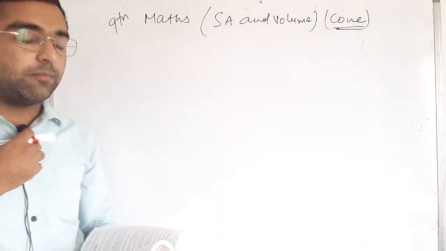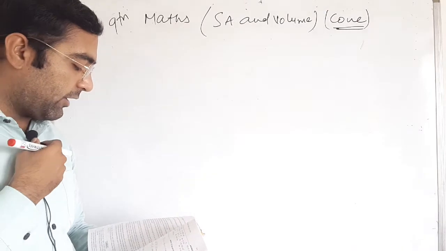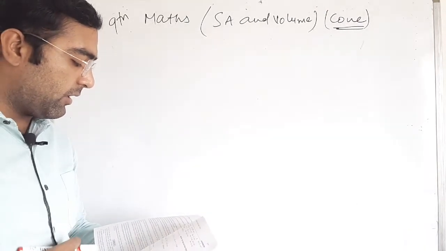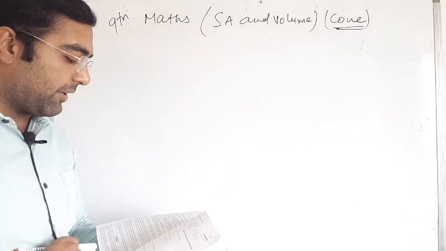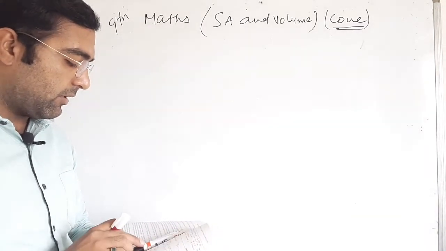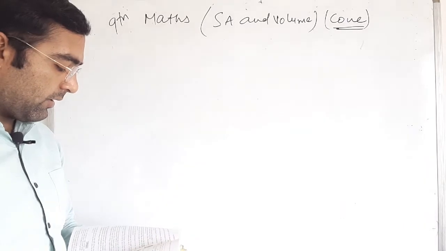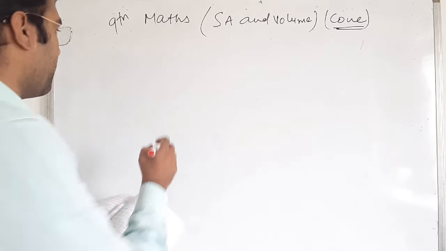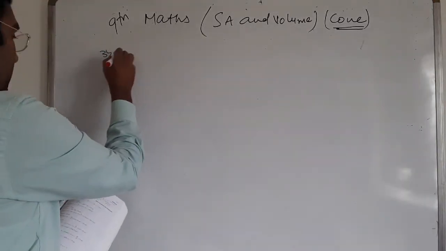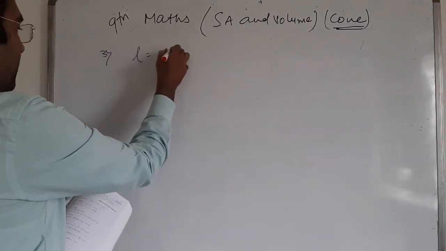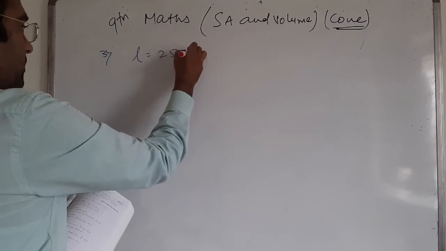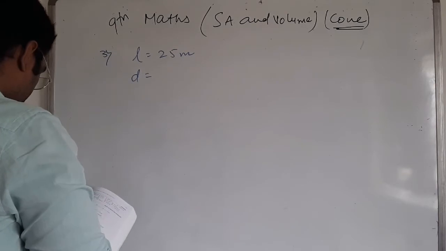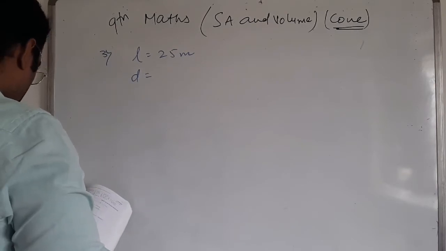My next question is: the slant height and base diameter of a conical tomb are 25 meter and 14 meter respectively.